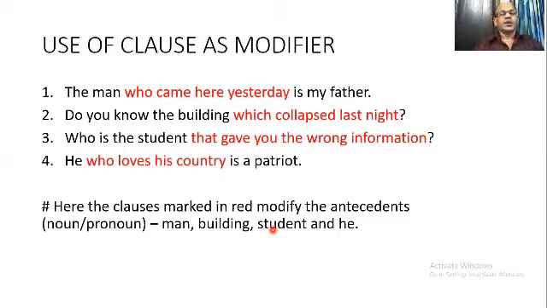We can use adjective clauses as modifiers in sentences. Okay, dear students, we have talked a lot about modifiers. You can use adjectives, adverbs, adjective clauses, infinitives, determiners, etc. as modifiers. So you have to have the knowledge about them.